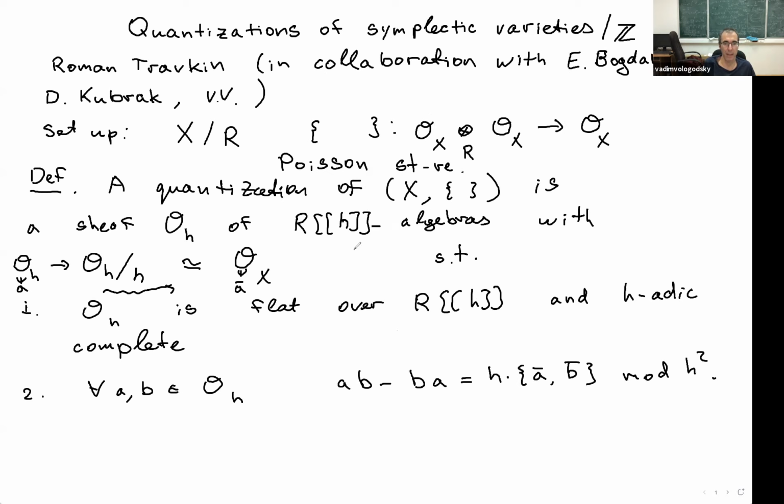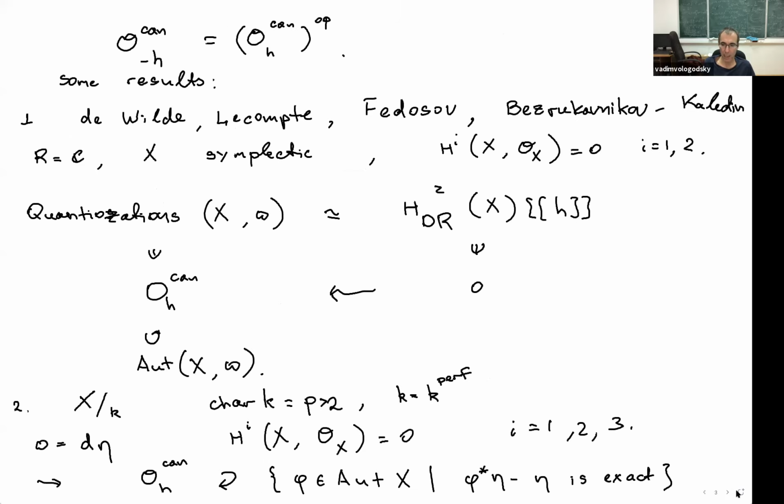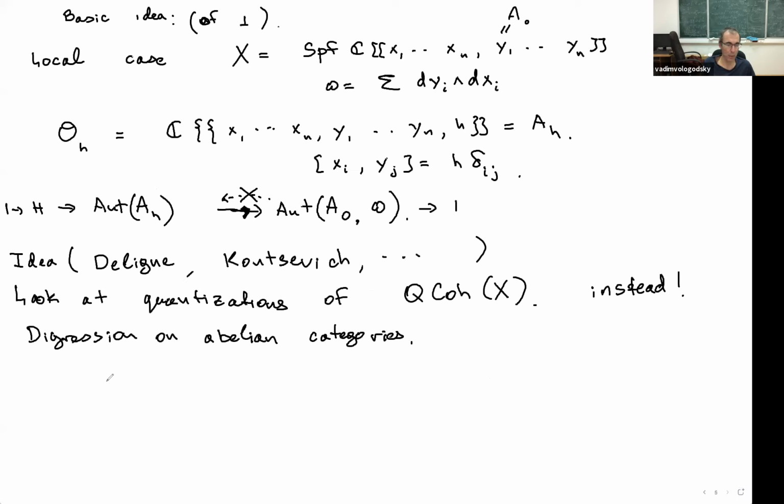When I defined the notion of quantization of an algebra, a quantization of an algebra is a sheaf of flat algebras over the power series ring together with an isomorphism modulo h with the original. So we have to make sense of this for categories. Okay, let's try and see how it works.